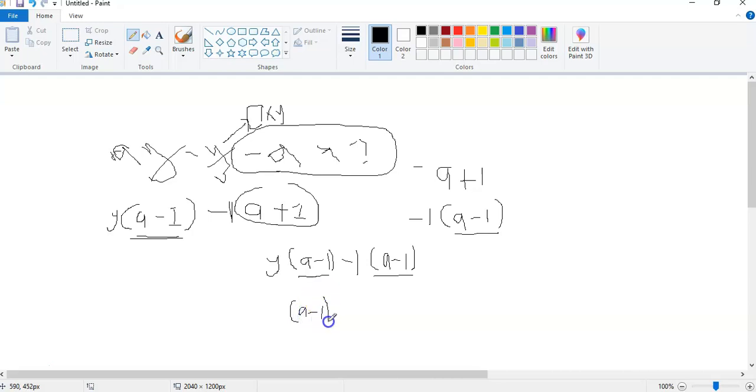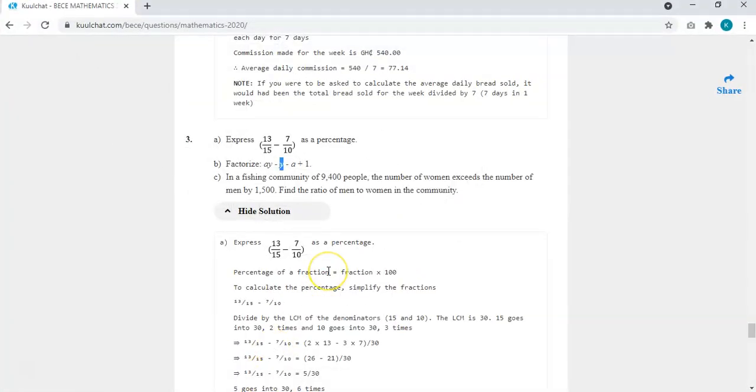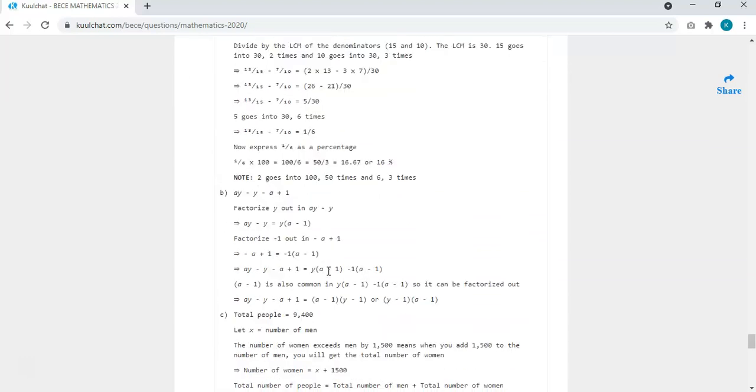Then when we take this one, we are left with this, so you write that one down. So the factorization is this. Now you can change the order, it doesn't matter. Multiplication is commutative. Wherever you change the order, it's going to be the same result. So that's it.